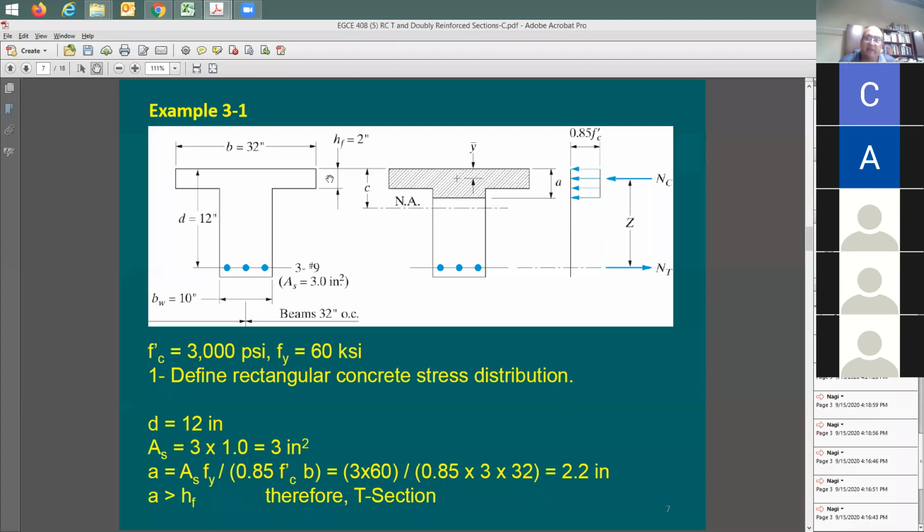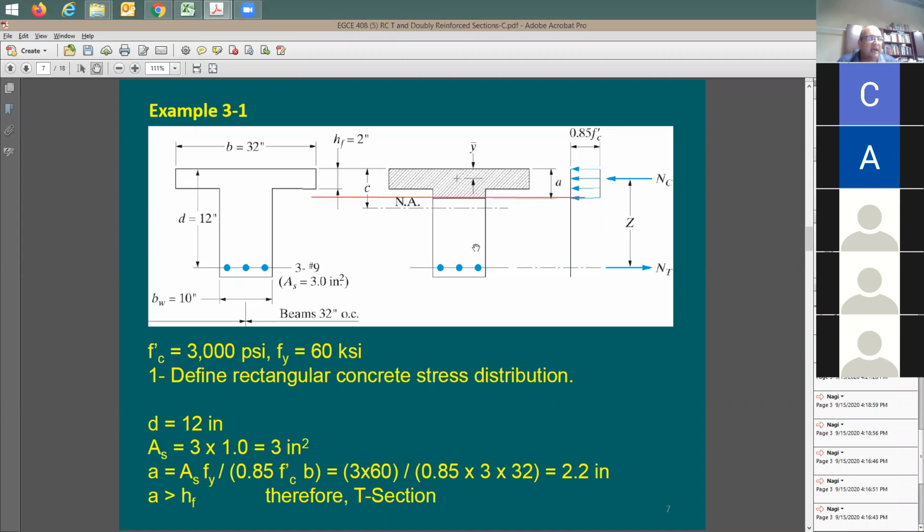So right now, what I need to do is find A, which is the compression block depth. I have 2 options when I calculate A lowercase. One option, A is going to be right here, like the location shown there.